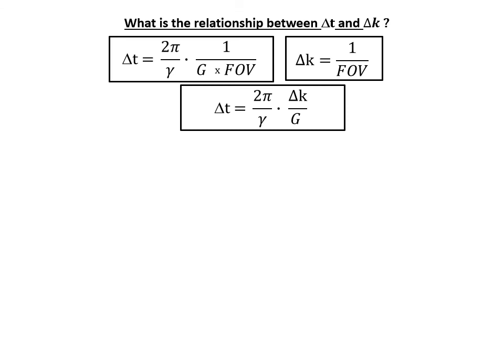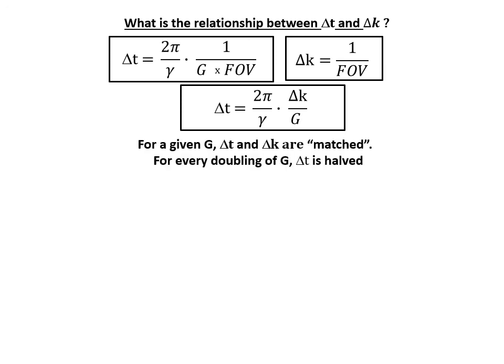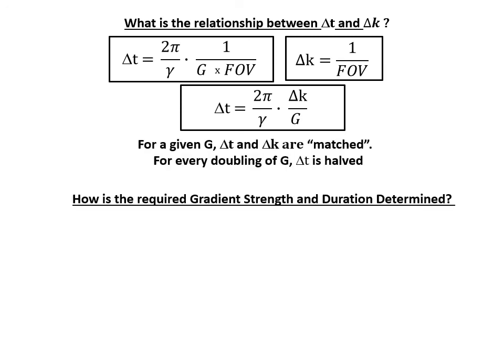If we put these two things together, we see that the sampling interval is equal to a constant times delta K divided by the gradient strength. So for a given gradient strength, delta t and delta K are matched. Every time you double the gradient strength at a given delta K, the sampling interval is halved.